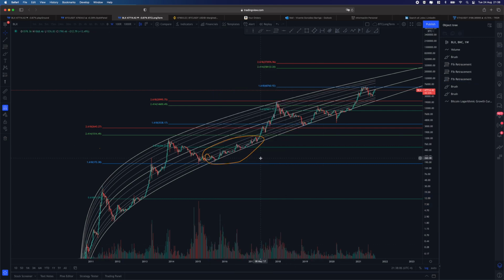So the top at this point was, let me see exactly that level, 1174. This top was, well, 19K-ish, but it's not exact. I'm going to remove that tool.